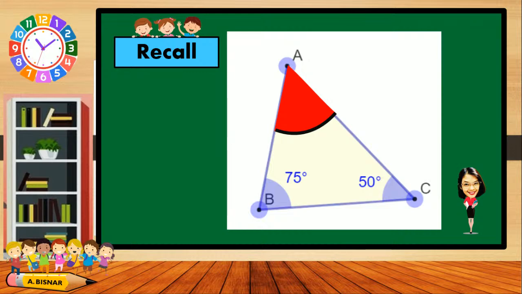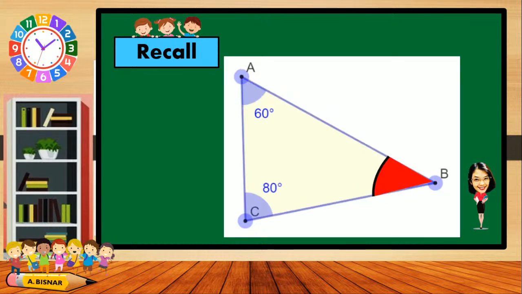Anyone? Type your answers. Is it 75 degrees? How about the others? Ito po yung lesson about triangles. Okay, the answer is 55 degrees. Remember that the sum of all the angles of a triangle is equivalent to 180 degrees. Okay?